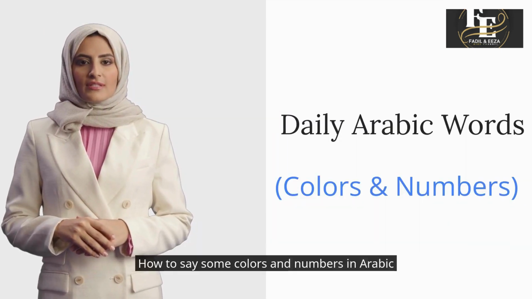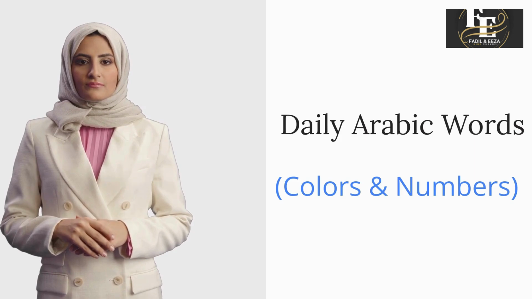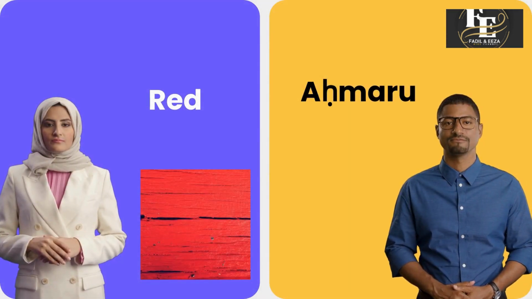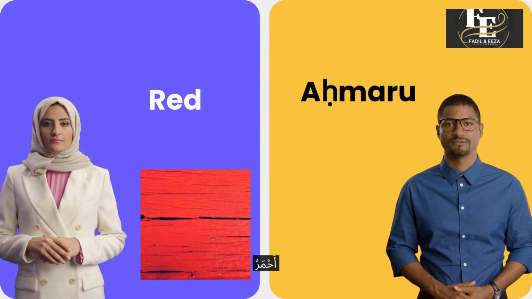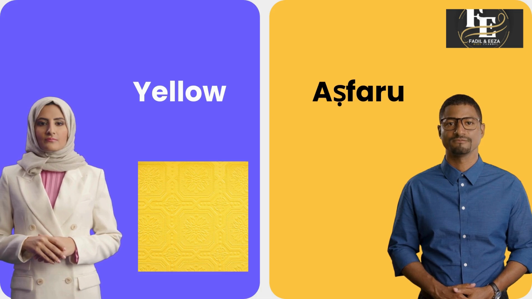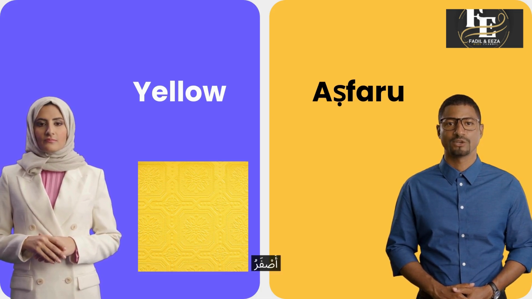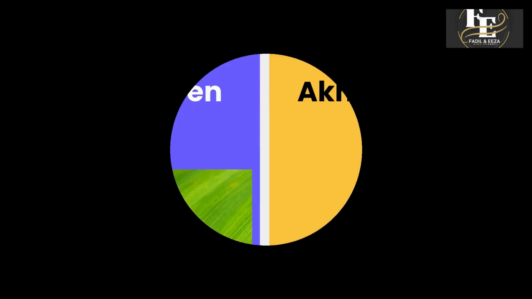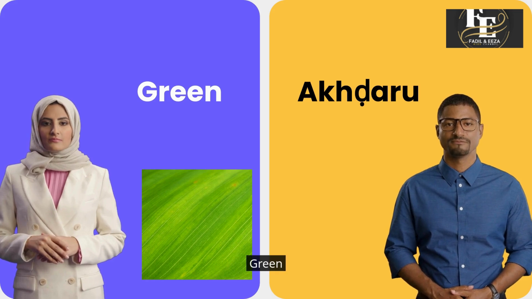How to say some colors and numbers in Arabic? Red, أحمر. Blue, أزرق. Yellow, أصفر. Green, أخضر.